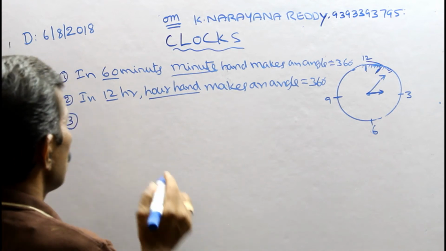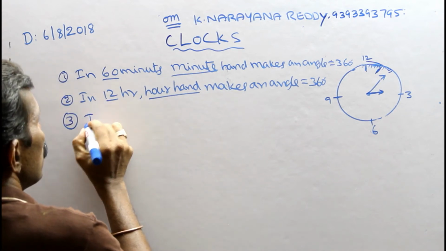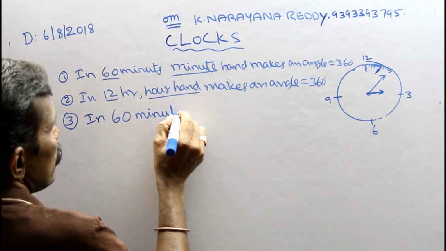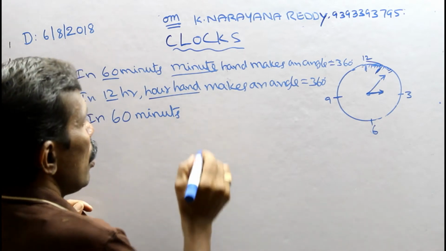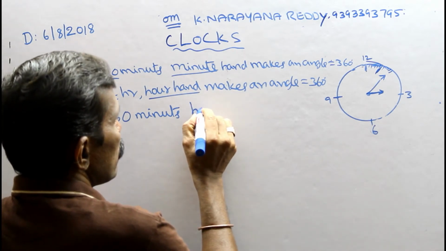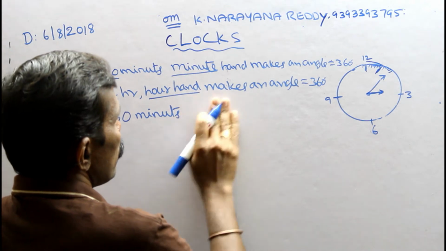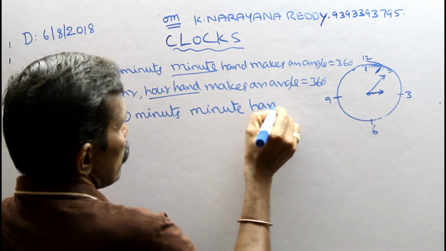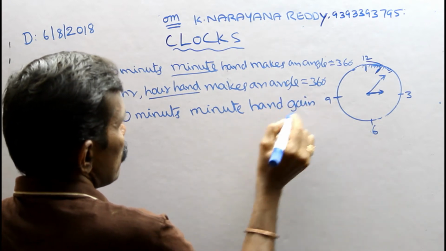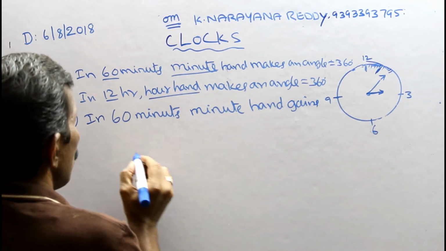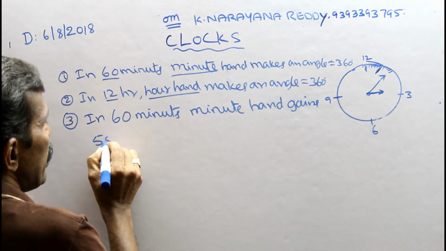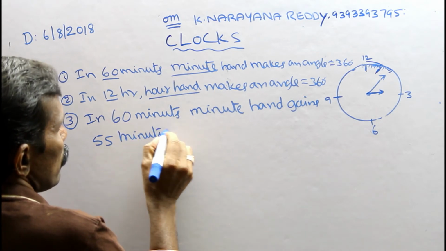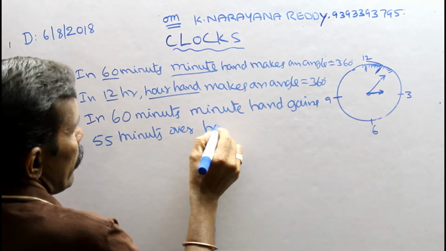In 60 minutes, the minute hand gains 55 minutes over the hour hand.